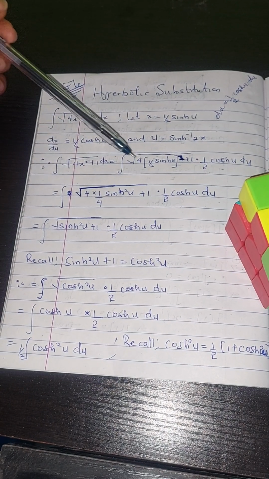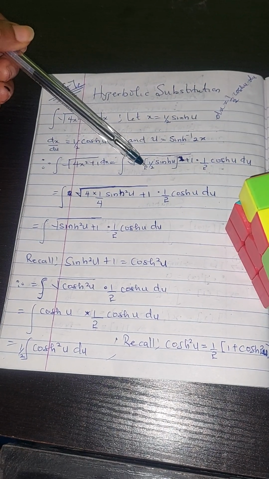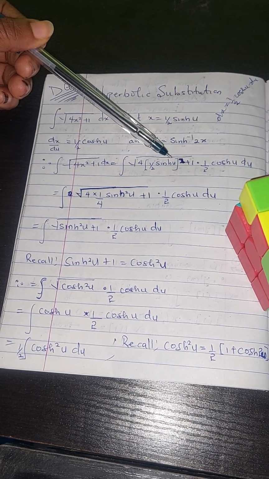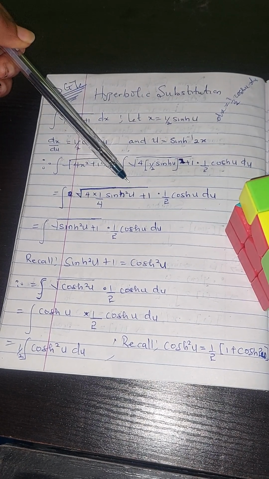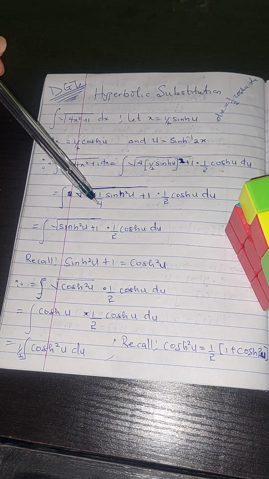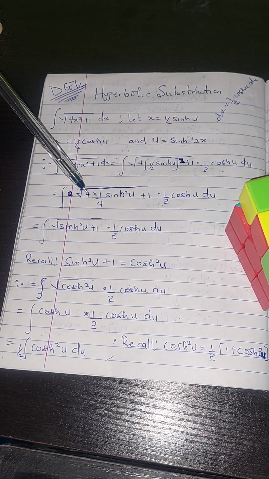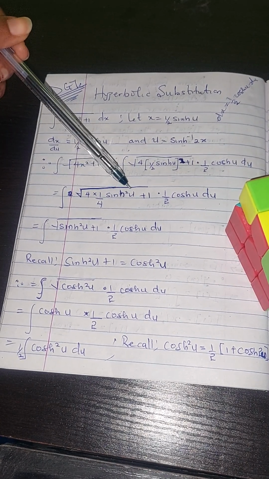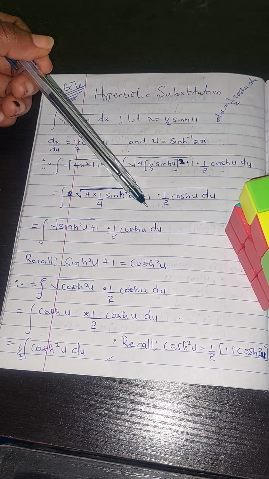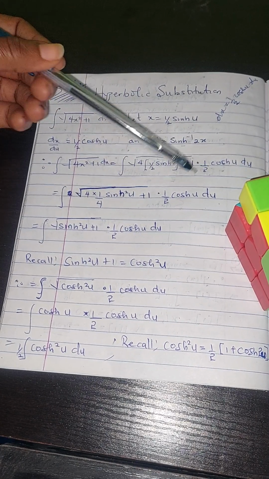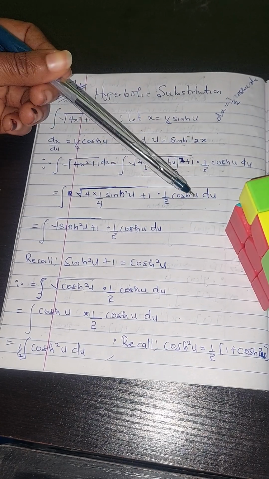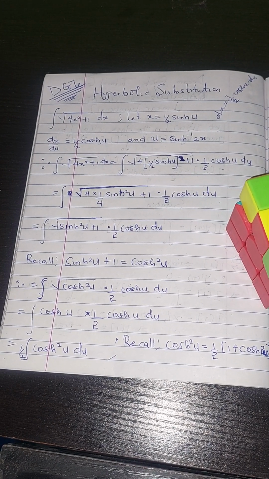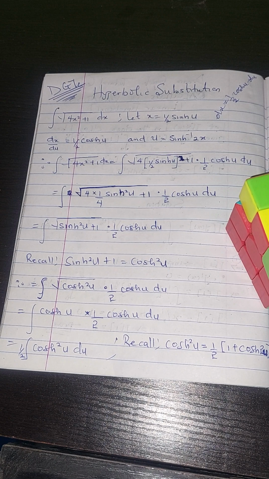Now if I square 1 over 2, I have 1 over 4. Then I square hyperbolic sine u, I have hyperbolic sine squared u. So automatically this 4 will cancel the 4 here. Then I have hyperbolic sine squared u plus the 1 here, initially multiplied by 1 over 2 hyperbolic cos u du.